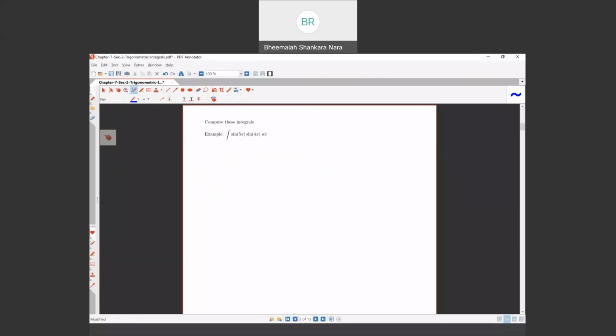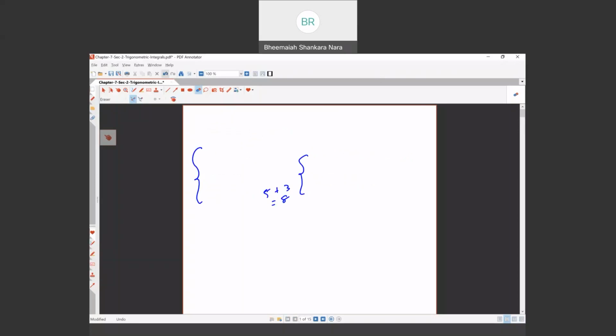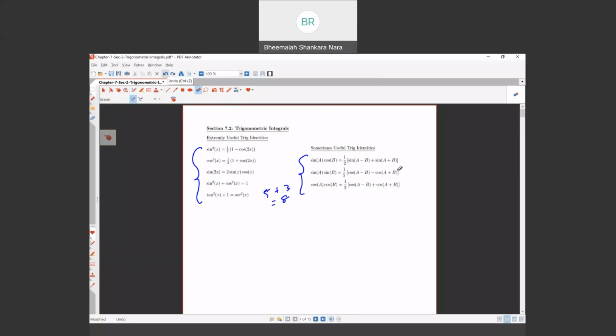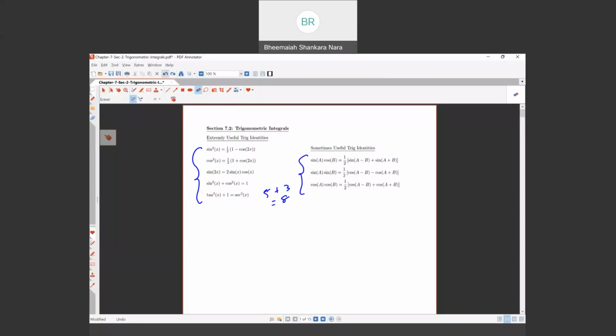So let's change this. Sine times sine will be the second identity. This one. 1/2 cosine A minus B minus cosine A plus B.